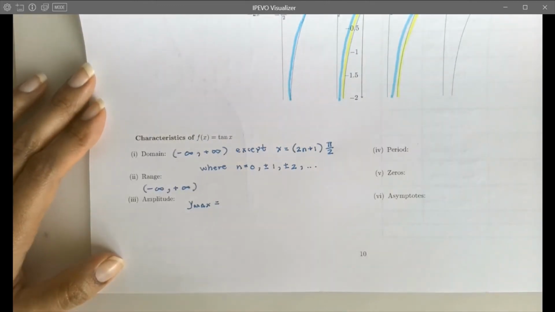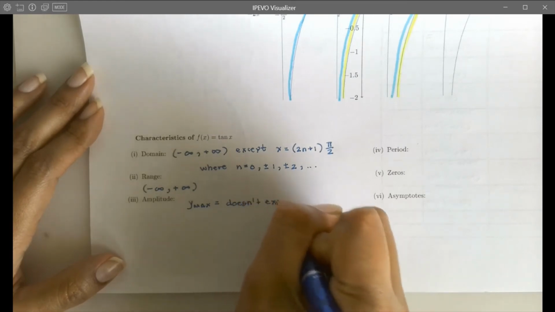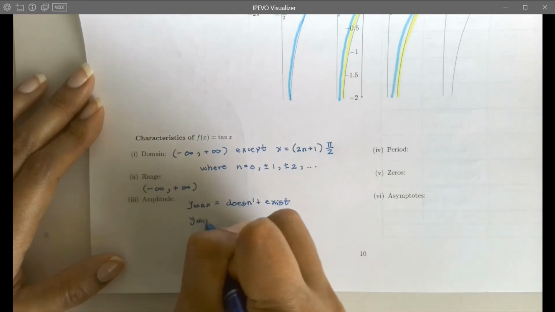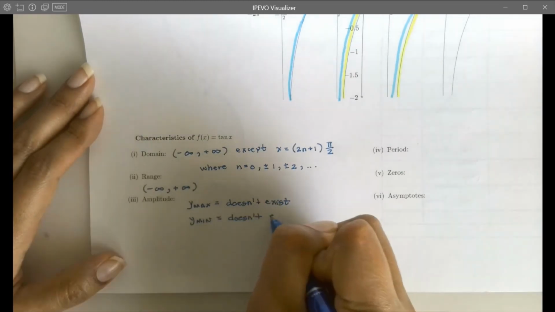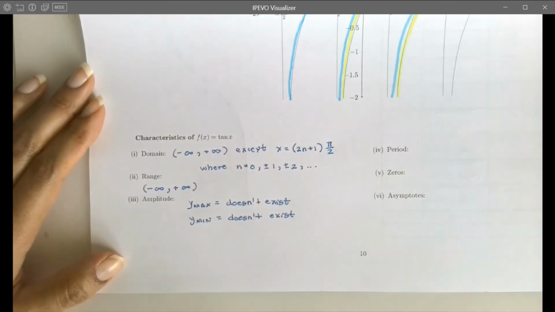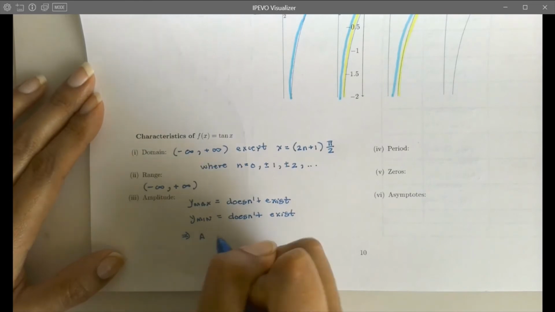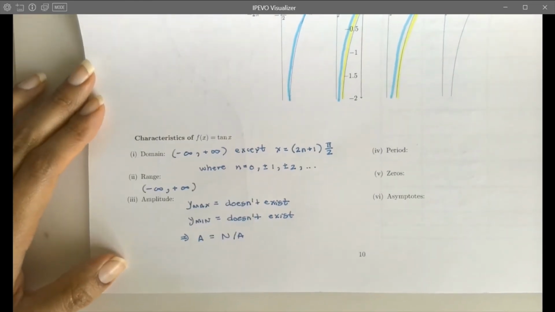Because it actually goes on to infinity. And same thing for the y minimum. There is no minimum y value because the graph extends down to negative infinity. So that means that the amplitude here doesn't exist. So we're just going to write NA. Okay, it does not apply, not applicable.